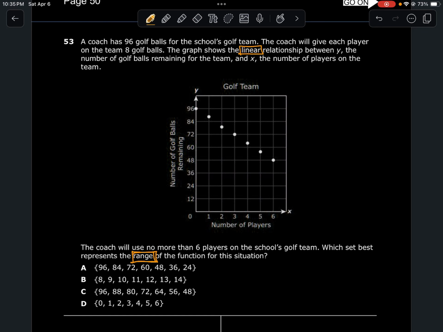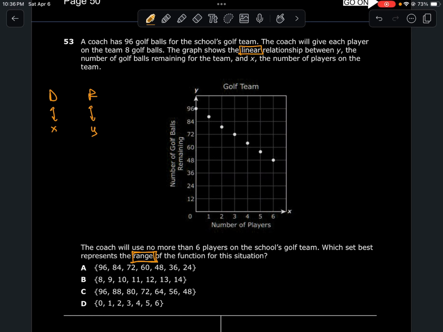Of course, we have discussed this several times, what domain and range mean, and they could also ask me for the domain, so I'm going to find both of them. Domain, range. Domain goes with x, range goes with y. That's enough here. I don't need to go farther than that.